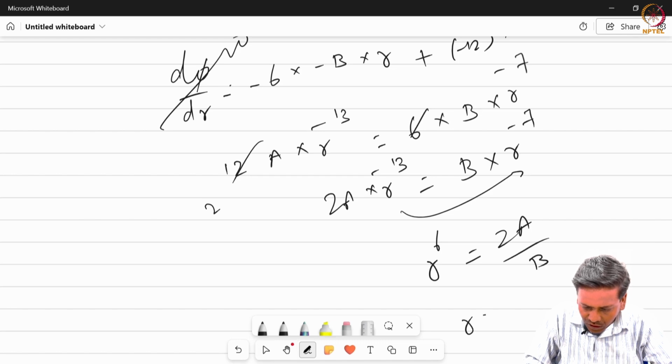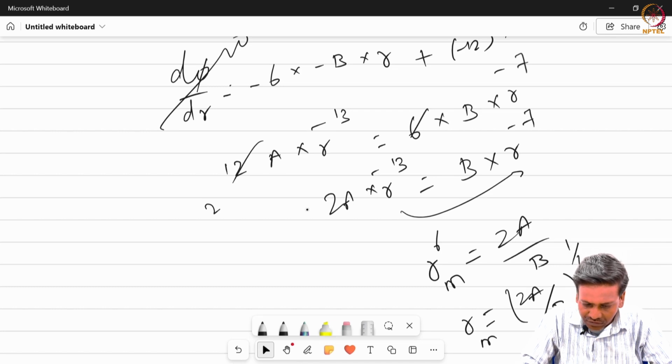This is actually the minimum because we determined this by setting dπ by dr equal to 0. In such a case, what we get is the minimum, Rm, which is 2a by b power 1 by 6.